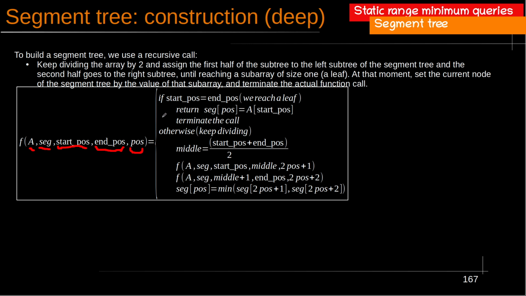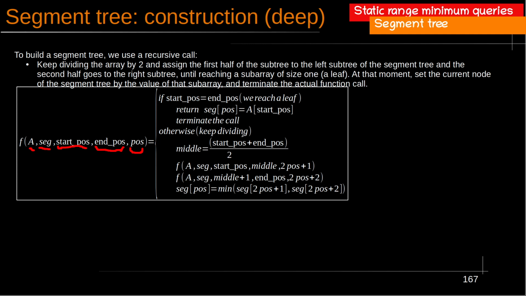And we have to check if we have a leaf, which means start pos is equal to end pos. We reach a leaf, so we set the segment tree at pos equal to the original array at the start position or the end position, because they are equal, and terminate the call, which means go back to the previous call, if it exists, of course.